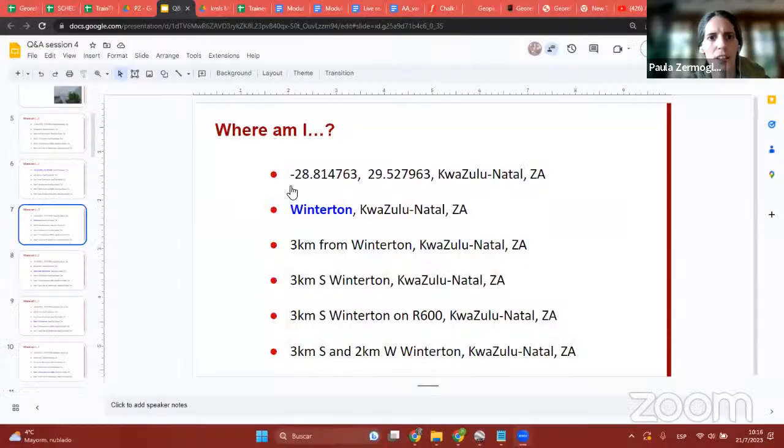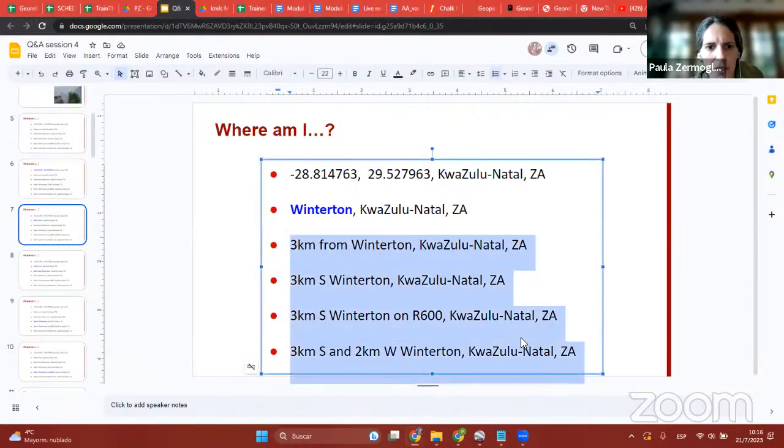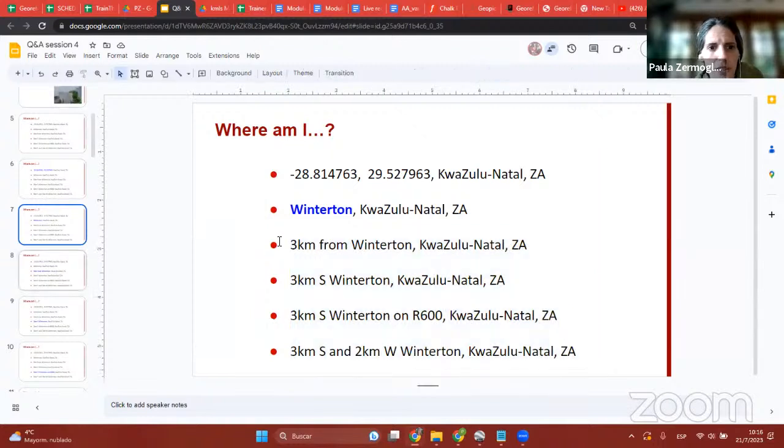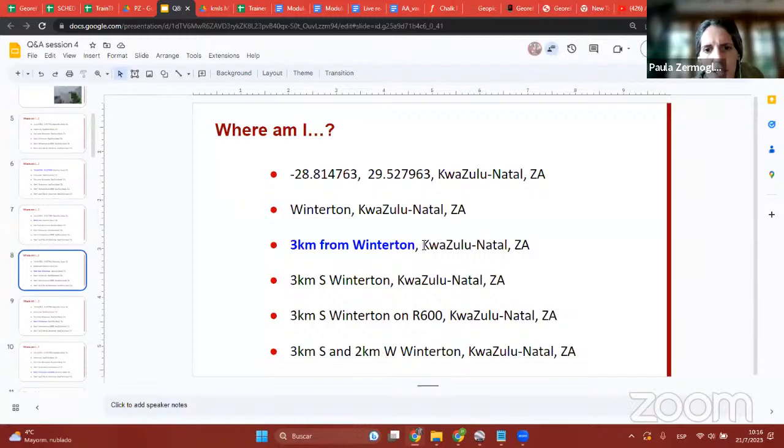The distance is the location. So we've seen the coordinates only, the geographic feature only, and now we have all this in here that we're going to try to georeference. So we will start with the first one here, and this one says 3 kilometers from Winterton, which is the town that we were looking at before.